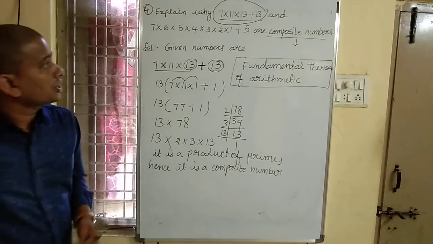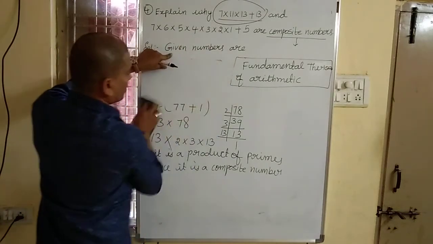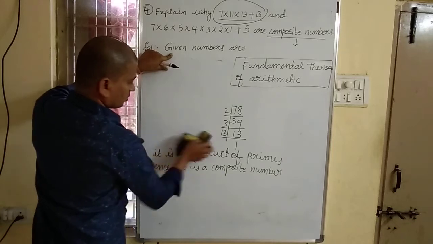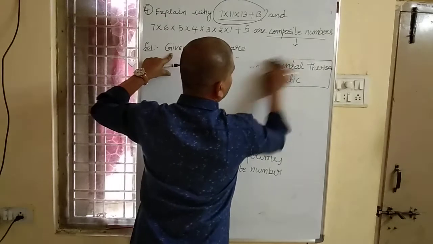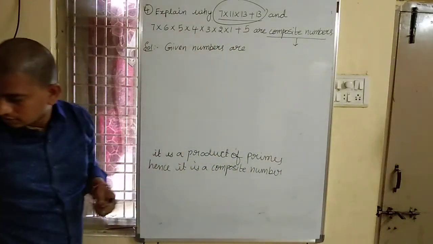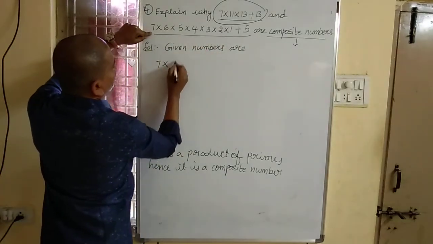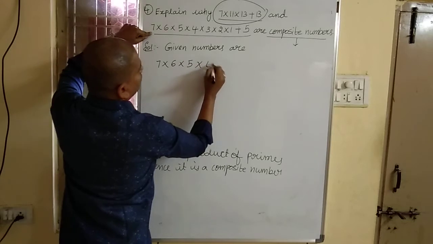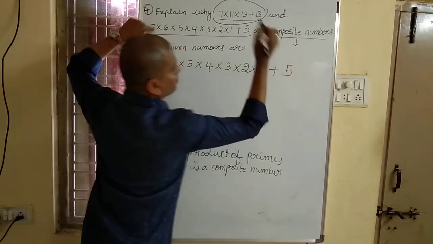And what is the second question? What is the second number? This is our second number: 7 into 6 into 5 into 4 into 3 into 2 into 1 plus 5.